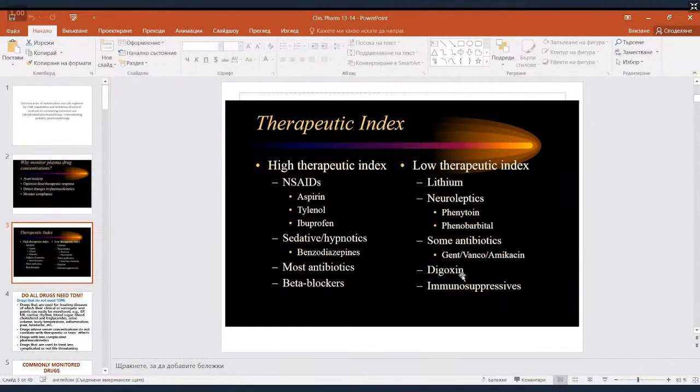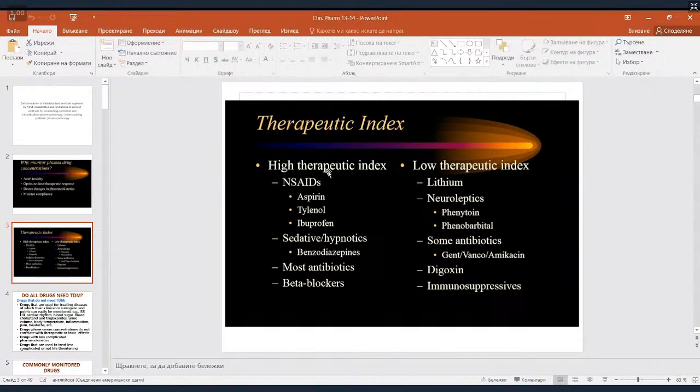But if you take 5 tablets of digoxin, there is probably going to be some toxicity like arrhythmia, which can be deadly, ECG changes, vision changes like yellow, greenish discoloration, or other unwanted toxic effects of the drug. So we have high therapeutic index drugs and we have low therapeutic index drugs.